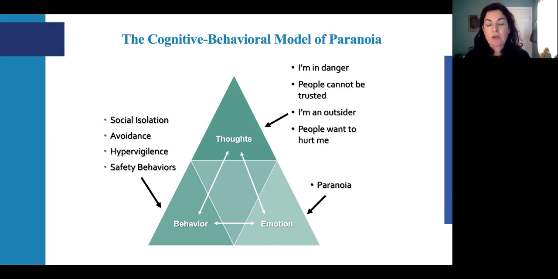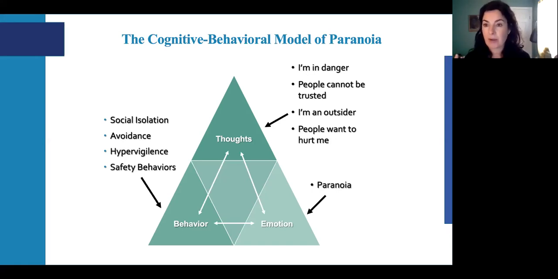As a result, if someone is having the constant thought, people cannot be trusted, I'm in serious danger, they're going to avoid certain activities, whether that's going to the grocery store or coming into the clinic to see their doctor or engaging with family members in any way. They're going to be hypervigilant, keeping their shades down at night, all different kinds of behaviors.